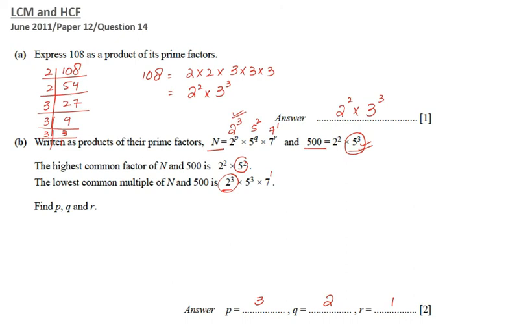In HCF 7 is not present, which means 7 is not present in both numbers, and we can see that 7 is not present in 500. 7 is present only in n. As the power of 7 is 1, definitely n has 7 with power 1, so that's exactly what is coming in LCM. So the value of r is 1.